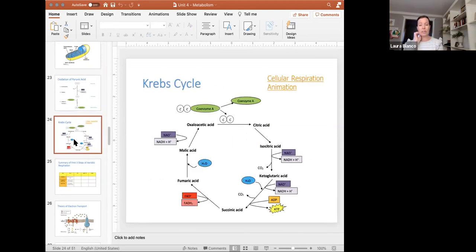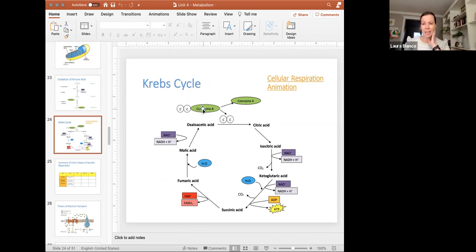All right, the third step is the Krebs cycle. And during this step, you have the acetyl coenzyme A molecules that you just produced. There's 2 of them, remember. So this is showing you one of them. Here is the acetyl coenzyme A right here.